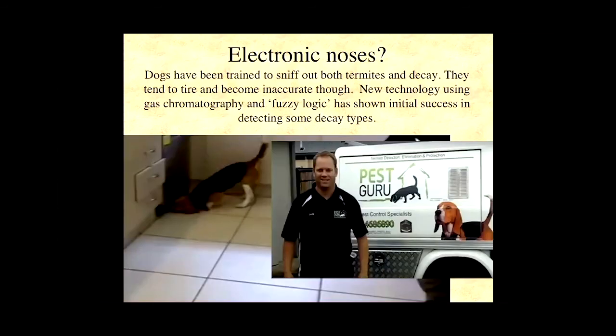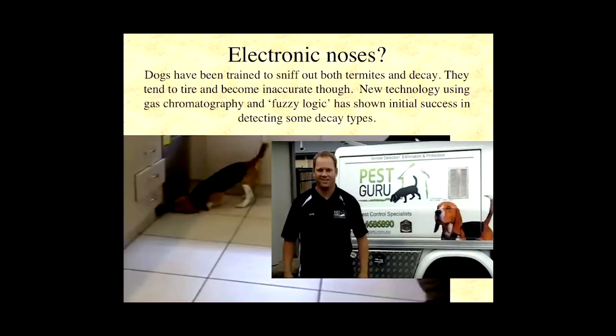One that I will mention, I think it's kind of cute, is this one with the electronic noses. These are the non-electronic noses right here, and dogs are actually quite effective at smelling out decay and also smelling out termites. They tend to get habituated a little bit, so after a couple hours they get tired out and aren't as effective.